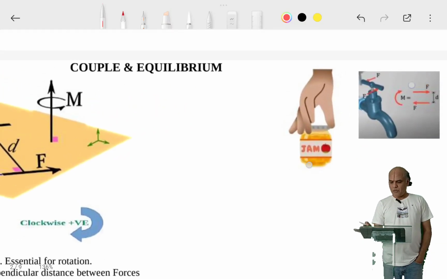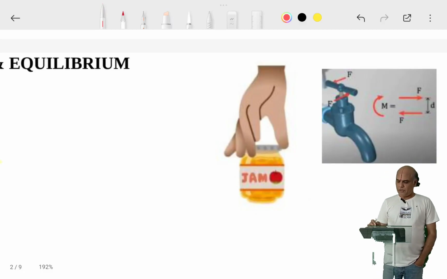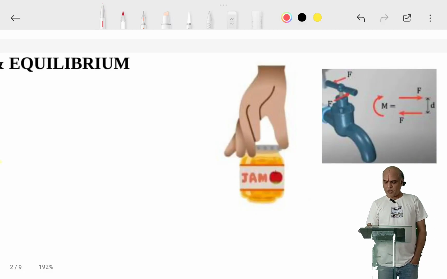Now these are a couple of examples from our daily life. Whenever we are trying to open or close a tap, we are applying a couple on the handle of the tap. One finger will apply force in this direction, another finger will apply force in this direction. So this constitutes a couple and it causes the handle to rotate.